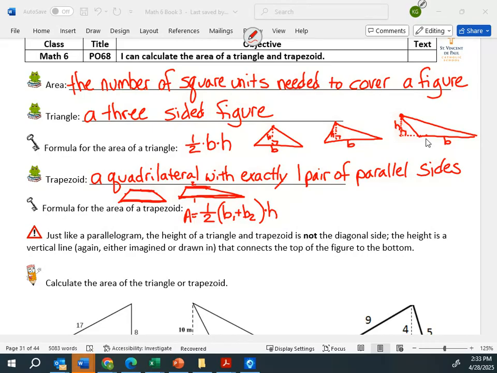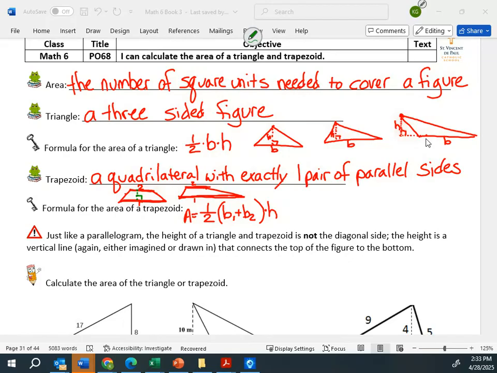Those 2 parallel sides, 1 and 2, the 2 parallel sides. The height is going to be just like our triangle. It's, well, not just like the triangle. It's going to be going directly from base 1 up to base 2. When I say it's like that triangle, we want that right angle in there.